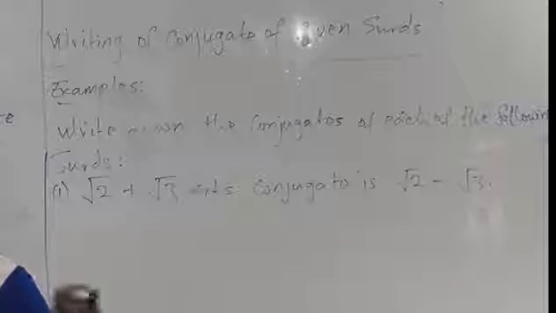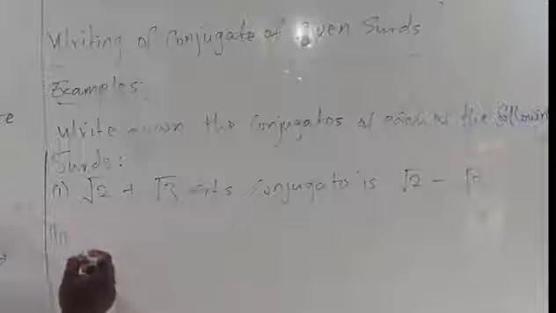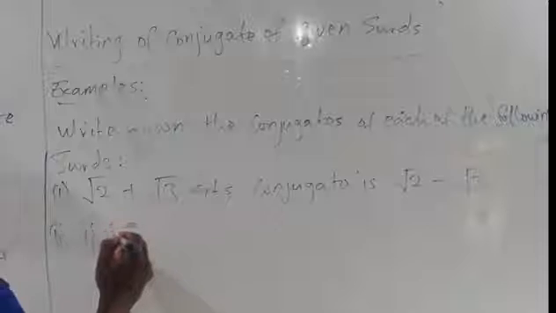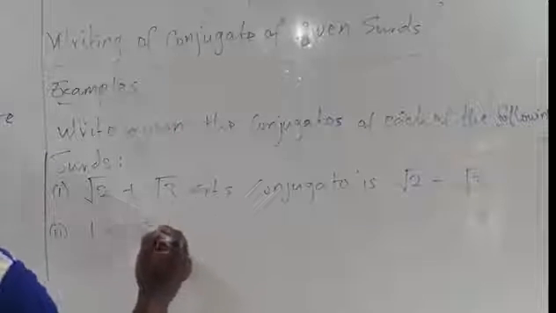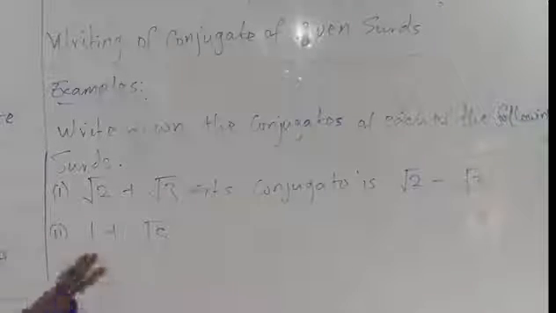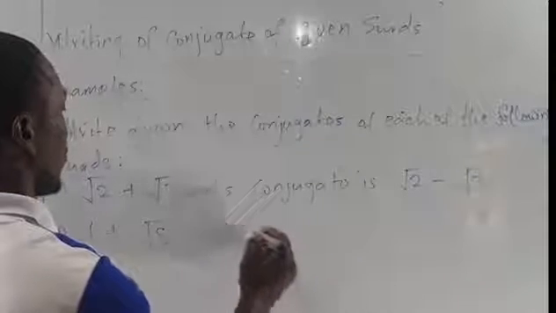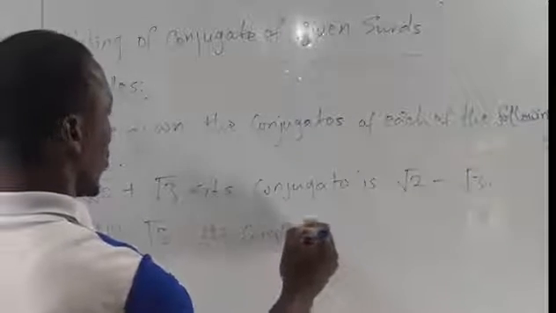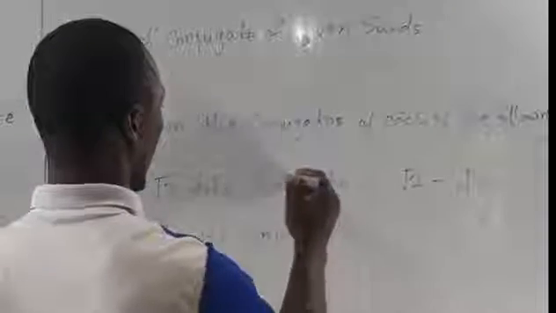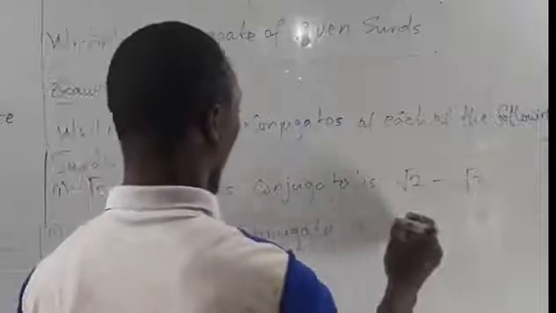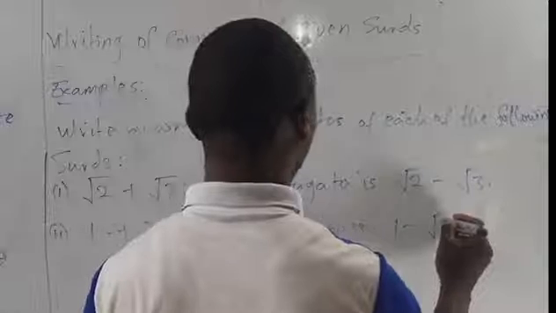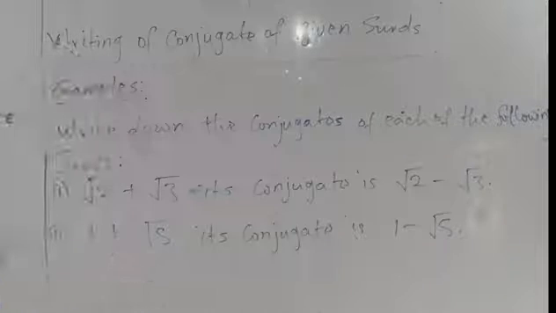The second example is 1 plus root 5. So 1 plus root 5 is the surd given, then its conjugate is 1 minus root 5.